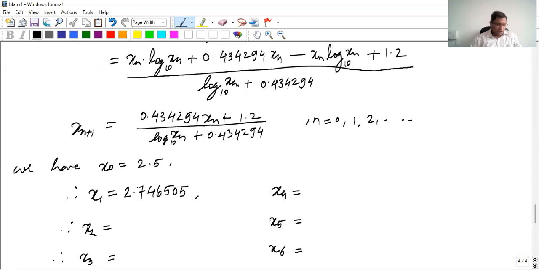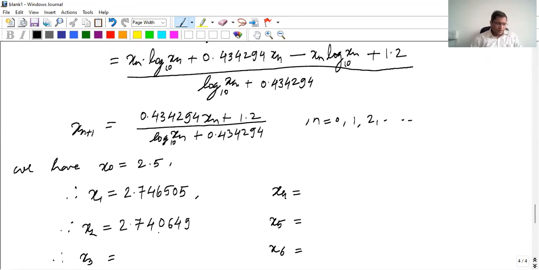Yes, sir. That's good. Now calculate the second one. So this value we have to use now. What is the value you are getting for the second approximation? 2.70649. Yes, very good.